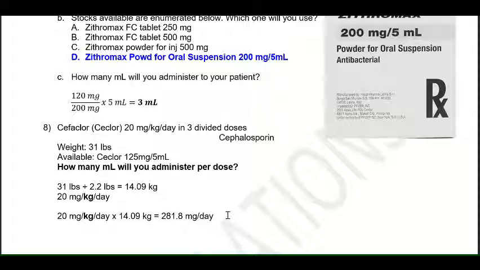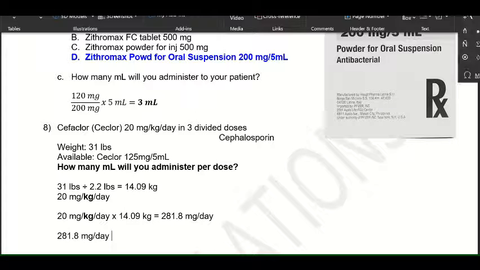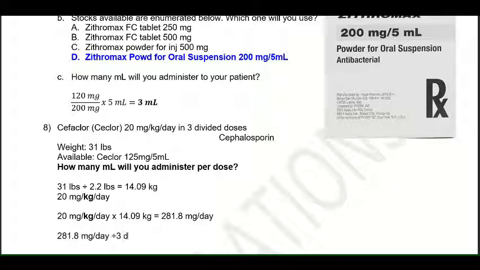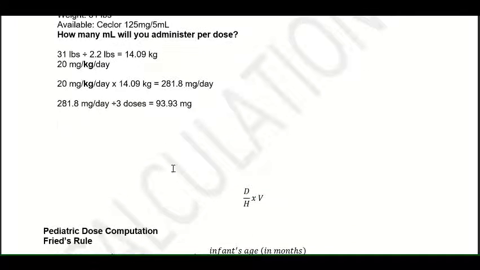Now, it says here, divided into 3 doses. So in a single dose, that will be 281.8 divided by 3, which is 93.93 milligrams. Can I apply D over H times V now?